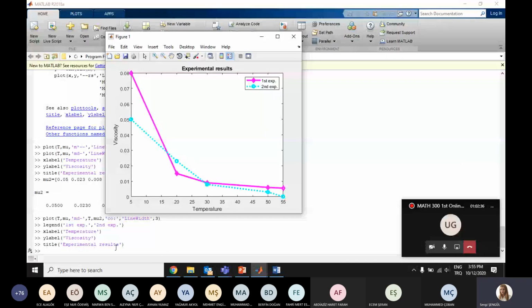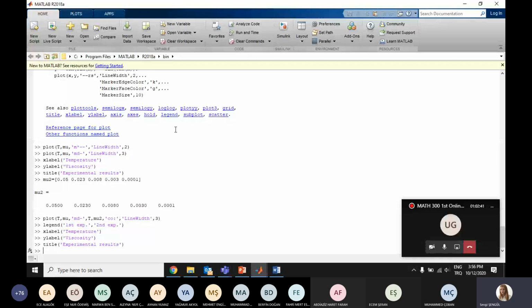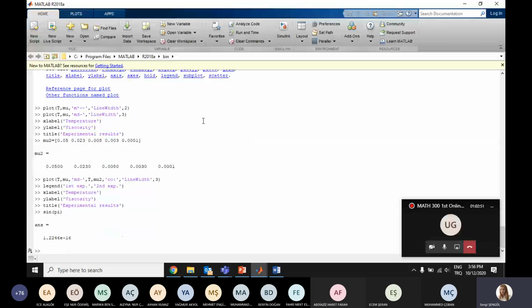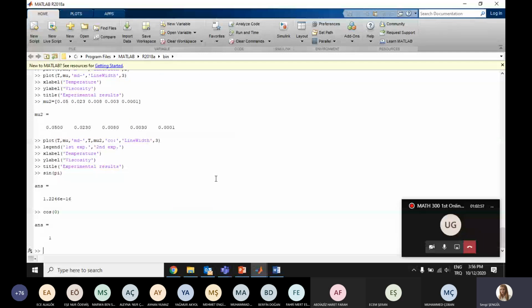Okay, there are some built-in functions in MATLAB, so you don't have to define sine, cosine, exponential, because they're already defined in MATLAB. So you can look at sine pi, it's already there, and it will give you the result. Or cosine 0, which will be 1. Or exponential 0, which is 1.